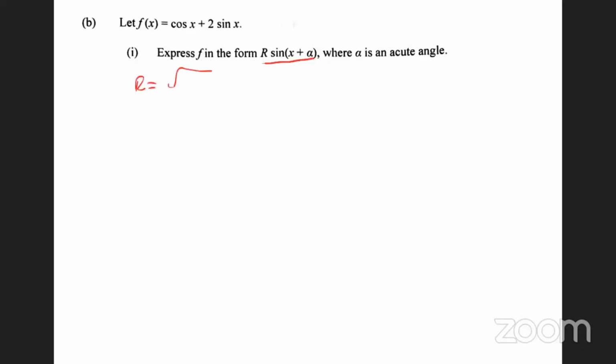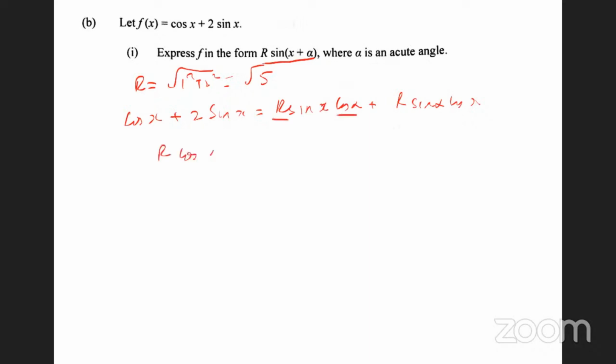R is equal to the square root of 1 squared plus 2 squared, which is root 5. And then we're just going to compare this to R sine x cos alpha plus R sine alpha cos x. You don't have to write this line if you've seen the comparison one time. So it means that R cos alpha is equal to 2.